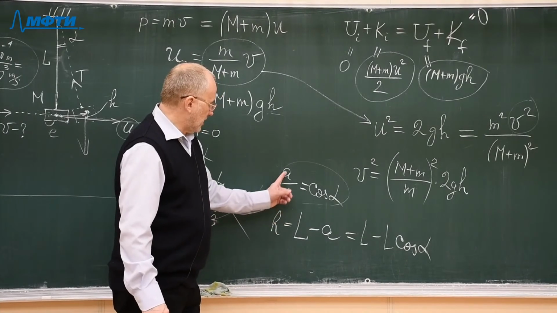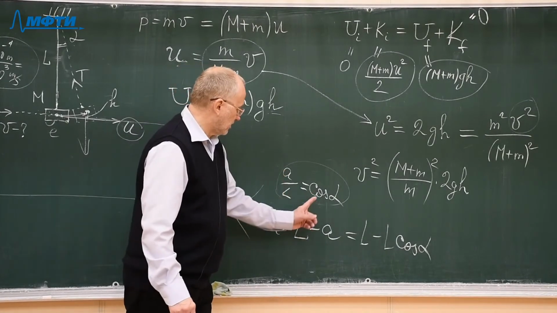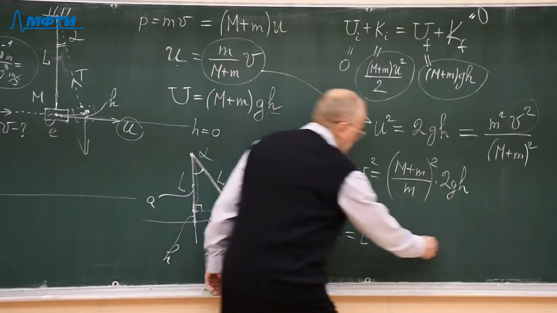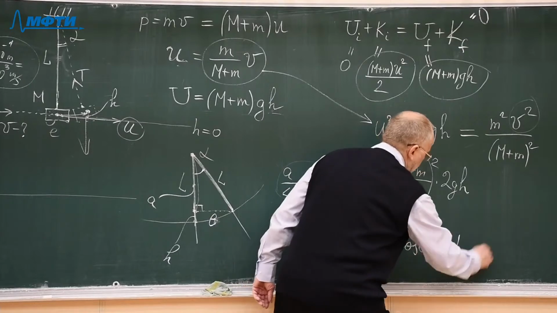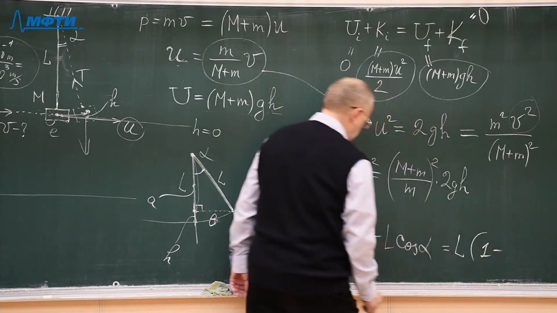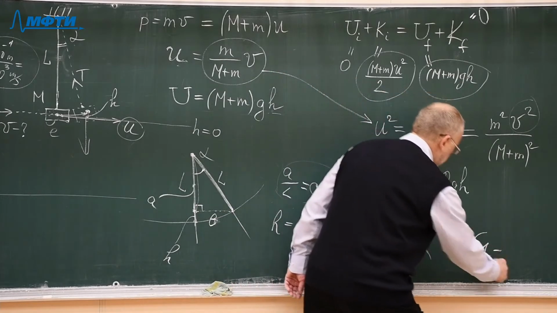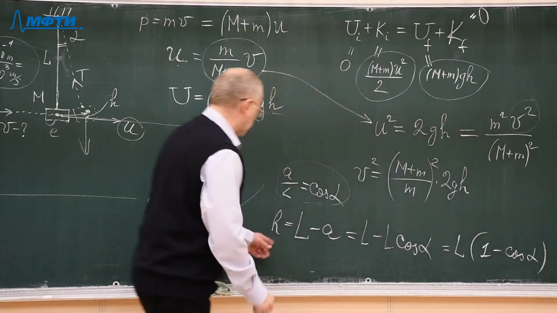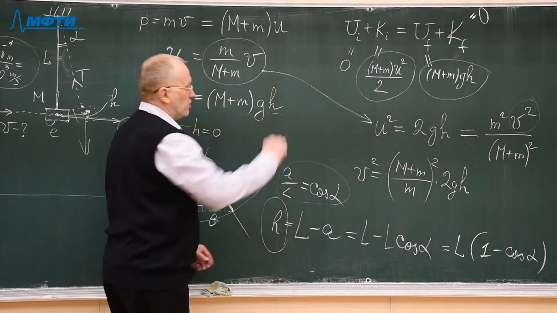A is L multiplied by cosine alpha. So we can take L out of the brackets and write down L multiplied by 1 minus cosine alpha. That is the quantity h, which was unknown so far.